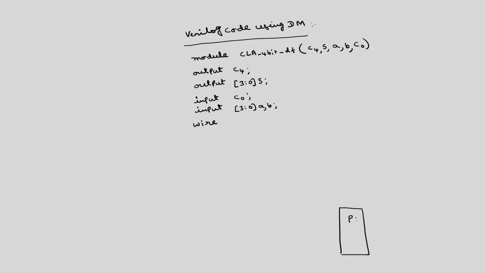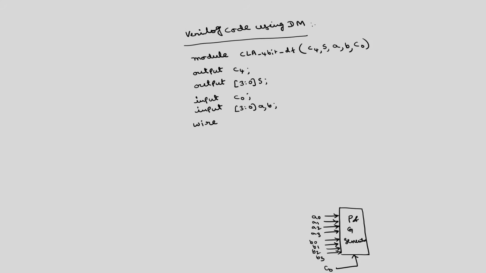P and G generators. What are the inputs for the P and G generators? We have two 4-bit numbers A0, A1, A2, A3, B0, B1, B2, B3, and then we have another input C0.